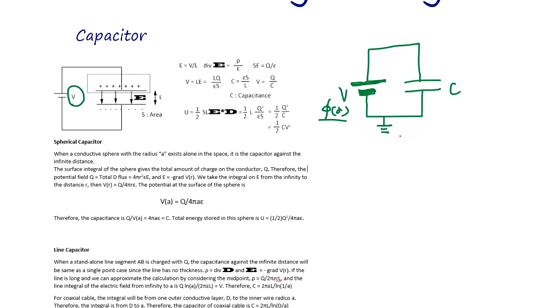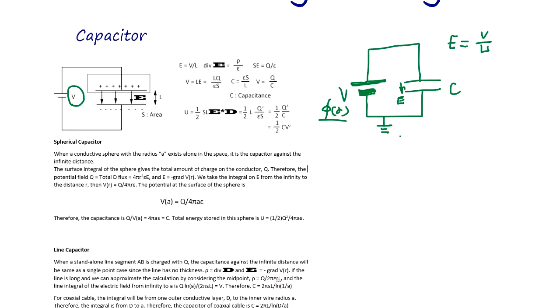This voltage generates the electric field E. So E is the gradient of phi, so it's going to be V over L. This is a simplified gradient, right?